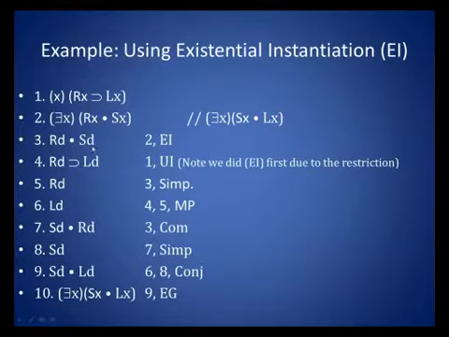Then I do commutativity on line 3 so that I can simplify and get SD. That way I can conjunct line 8 and line 6 to give me SD and LD, and then I just use the EG rule to re-quantify and go from constant to variable. And of course, this is exactly what I was looking for up here in my conclusion. Problem solved.